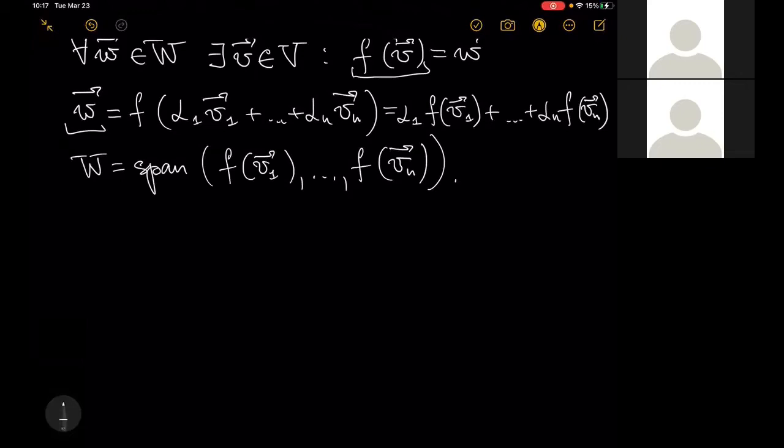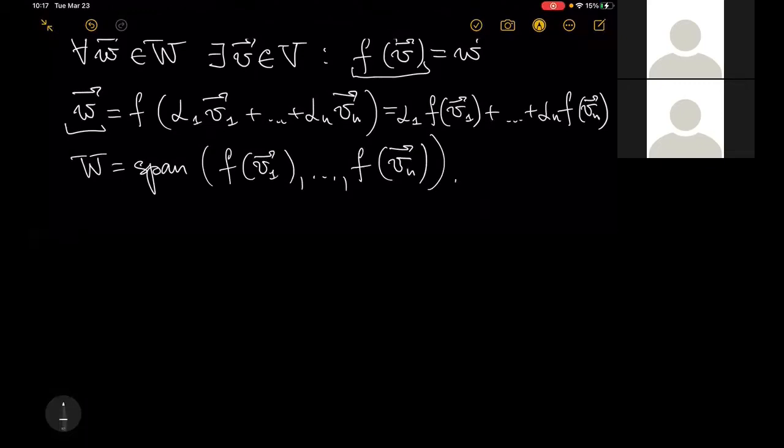So for that, let us consider C1 F V1 linear combination.